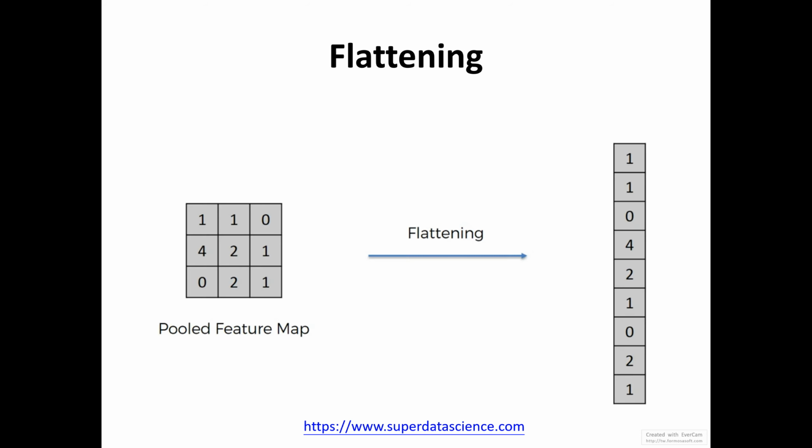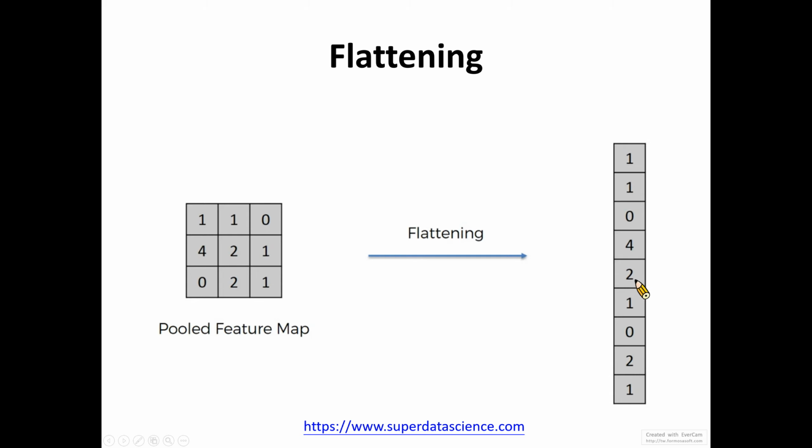Okay, so the final step is very simple. Suppose this is the pooled feature map we derived from the original images. Then we just flatten this two-dimensional matrix into a one-dimensional vector. You can see that we just sequentially put these numbers into the one-dimensional vector. For example, the first line is 1, 1, 0, and we put the second line following the first line.